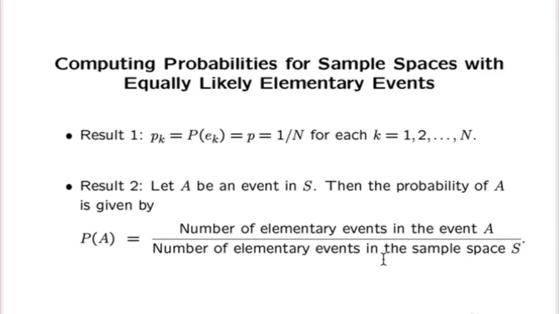So we've proven these two very useful results that we can now use to compute probabilities in those situations where the experiment's been conducted in such a way that the outcomes are equally likely.